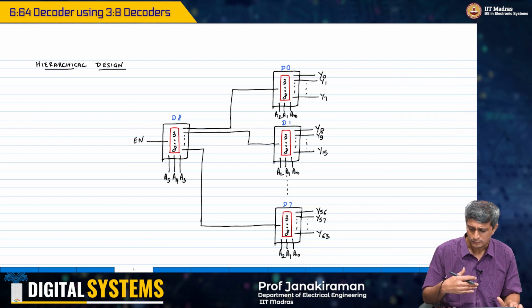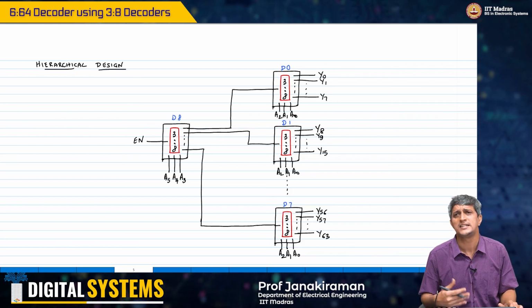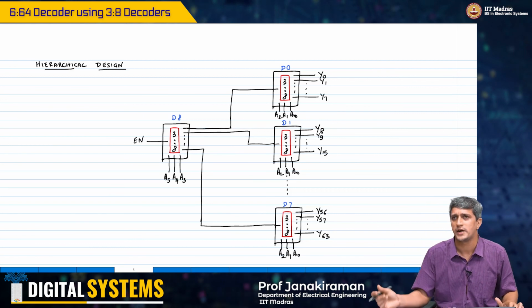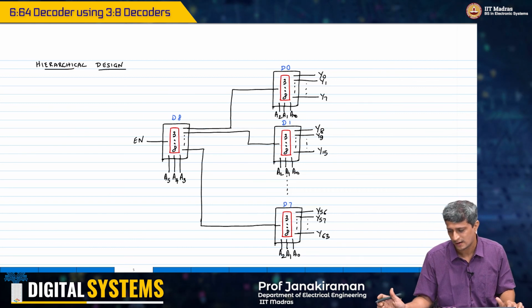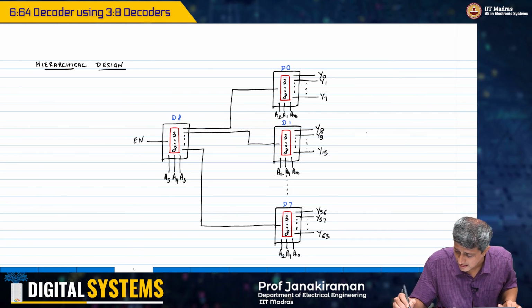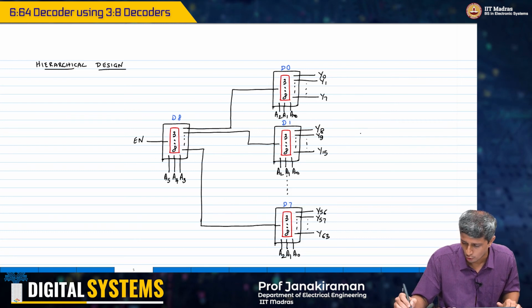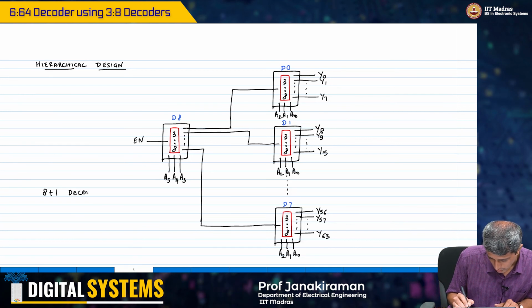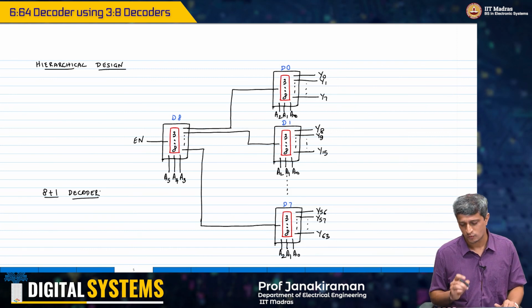And of course this idea can easily be extended to a 7:128 decoder and so on, right? So therefore what we see now is we needed D0 to D7, 8 decoders, right? 8 plus 1 decoders.